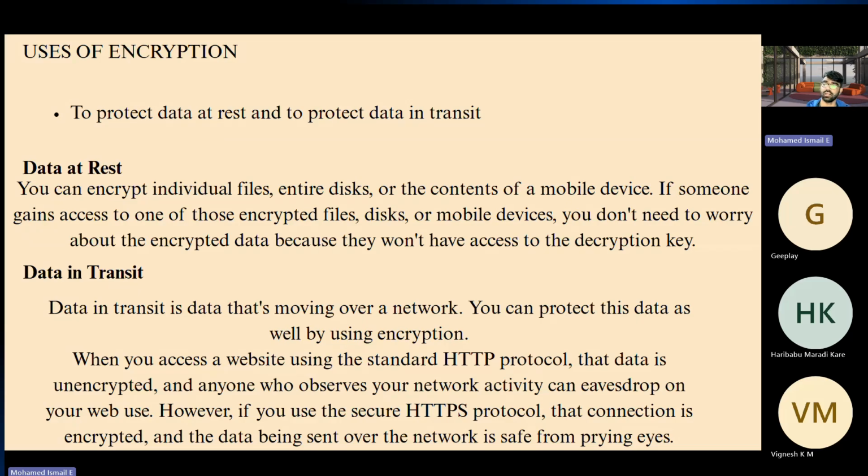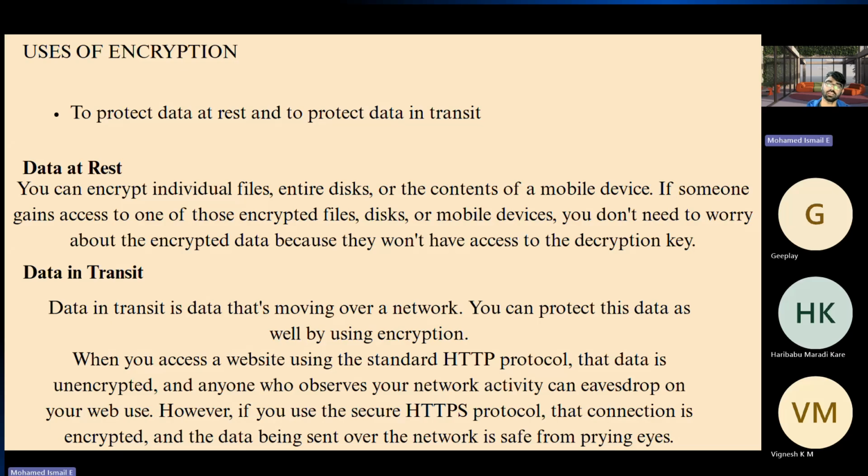Data at rest starts from your storage. It could be a memory card, a USB drive, a hard disk. When data is at rest, you are storing it for future reference. You take a picture and it is stored in your memory card. You dump something on your USB drive and it is stored there.